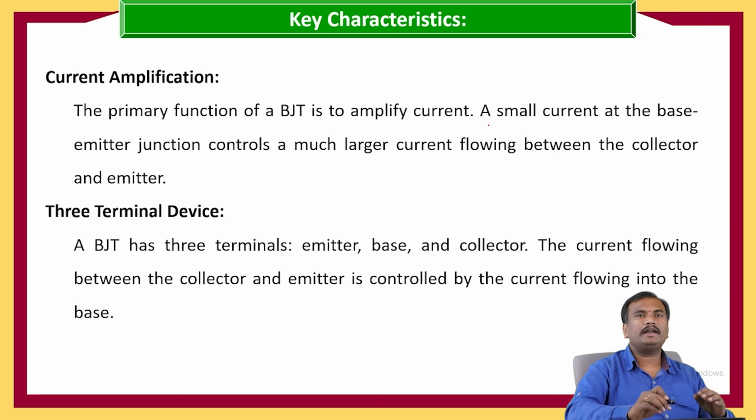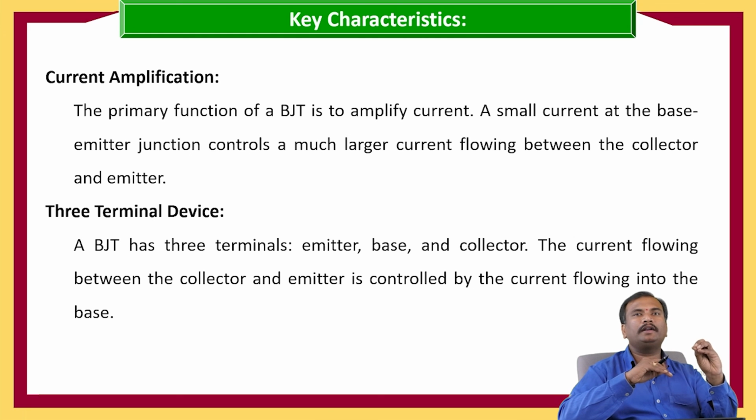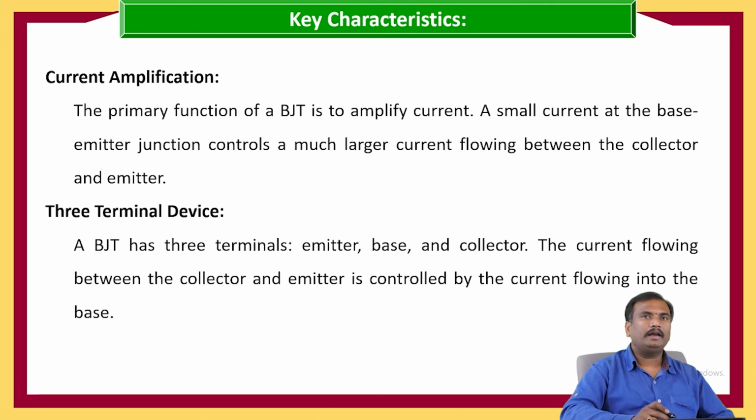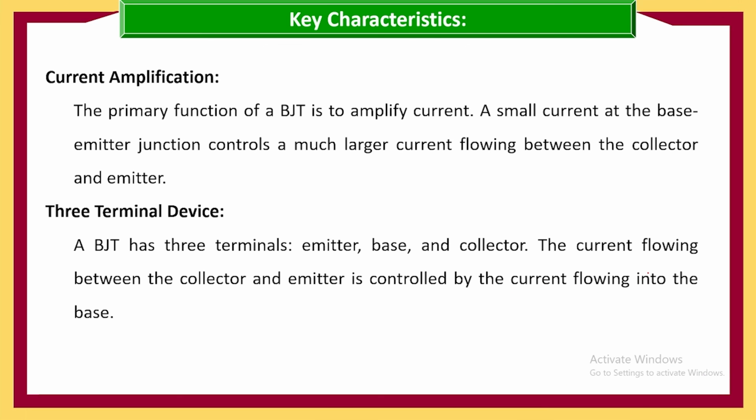A small current at the base to emitter junction controls the much larger current flowing in the collector and emitter. A BJT has three terminals: emitter, base and collector. The current flowing between the collector and emitter is controlled by the current flowing into the base.